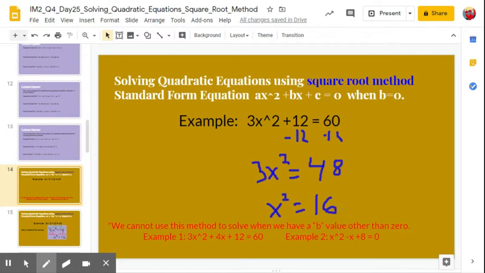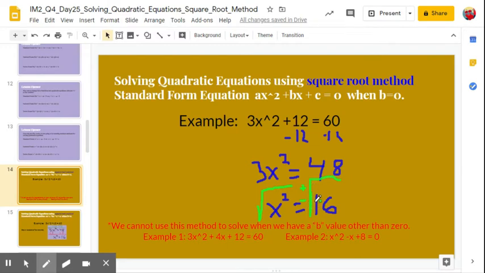But we're not done. It says solve for x. This is x squared. So now how are we going to get just x? To undo x squared, we take the square root. So by what you do to one side, you must do to the other. So we take the square root of both sides. Now, when we take the square root of both sides, there's two roots. There's a positive and a negative root, right?